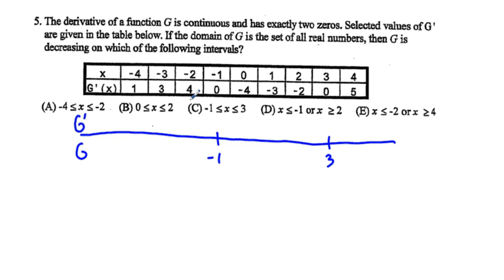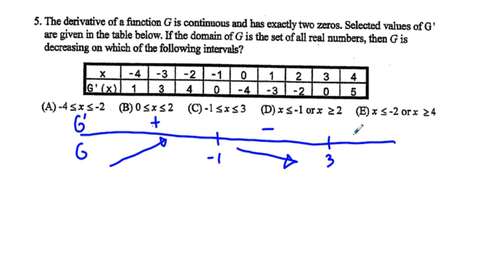To the left of negative 1, we have G prime as positive, so the function is increasing between negative 4 and negative 1. And between negative 1 and 3, we have negative values here, so the function is decreasing between negative 1 and 3.